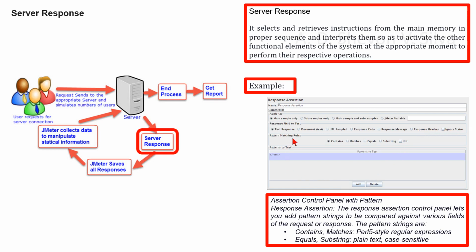Now here you can see the pattern matching rules attribute, which indicates how the text being tested is checked against the pattern. Contains: true if the text contains the regular expression pattern. Matches: true if the whole text matches the regular expression pattern. Equals: true if the whole text equals the pattern string, case sensitive. Substring: true if the text contains the pattern string, case sensitive.